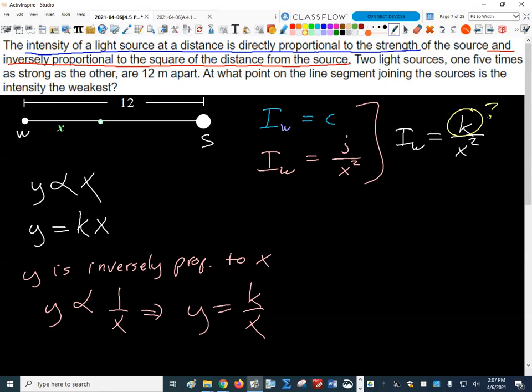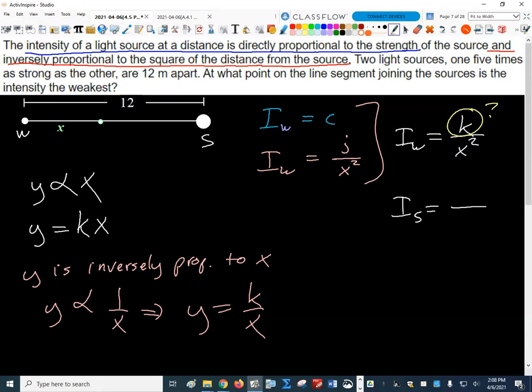What is my intensity going to be for the stronger light source then? Well, I know that it's inversely proportional to the distance from the stronger light source, right?